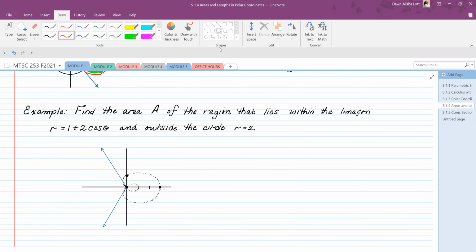So let's see. That's just about right. So there's the circle of radius 2. Let's move it over. So we want the area that's inside the limacon, but outside the circle. So we want this area right here.